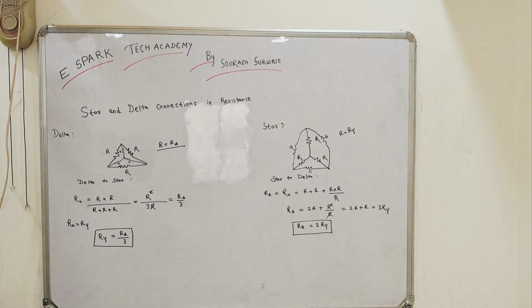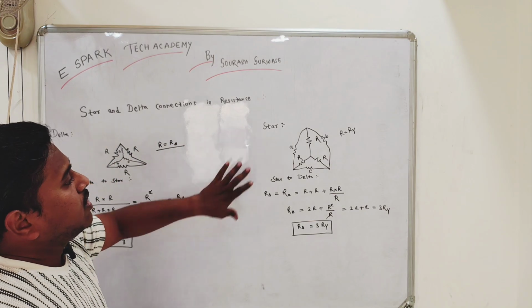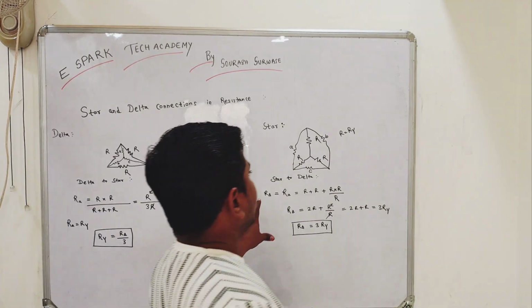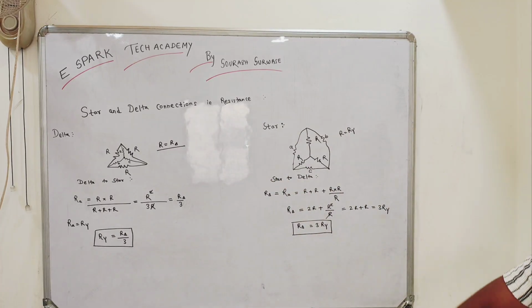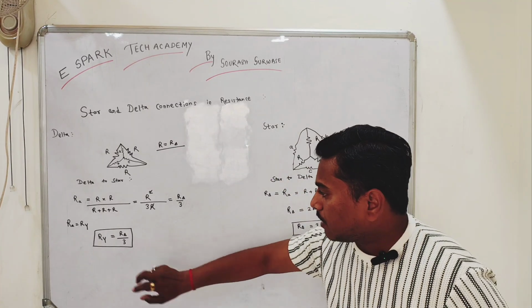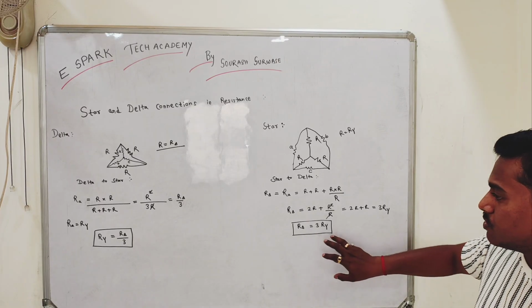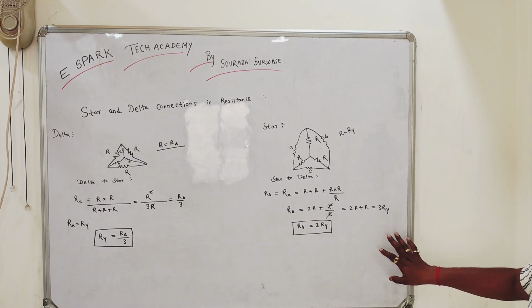Please note it down because these formulas will be very helpful to you. I have derived in delta case also, I have derived in star case. The same example has been carried forward, and I have shown you how R star is equal to R delta by 3, and here R delta is equal to 3 times R star resistance.